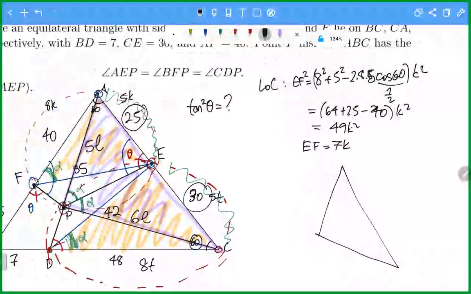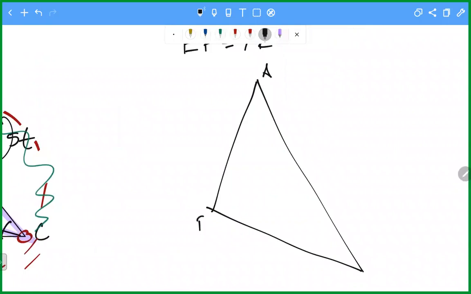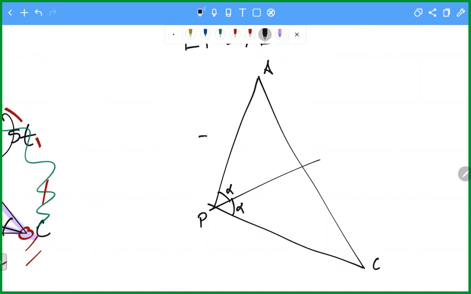So APC, right? We have alpha here, and this is 5L, 6L, it's 25, 35, and we have a theta here.